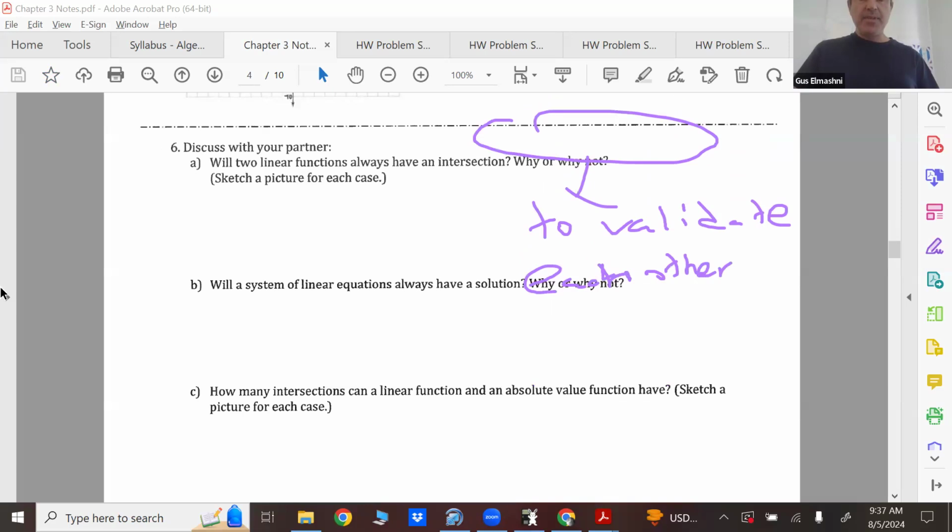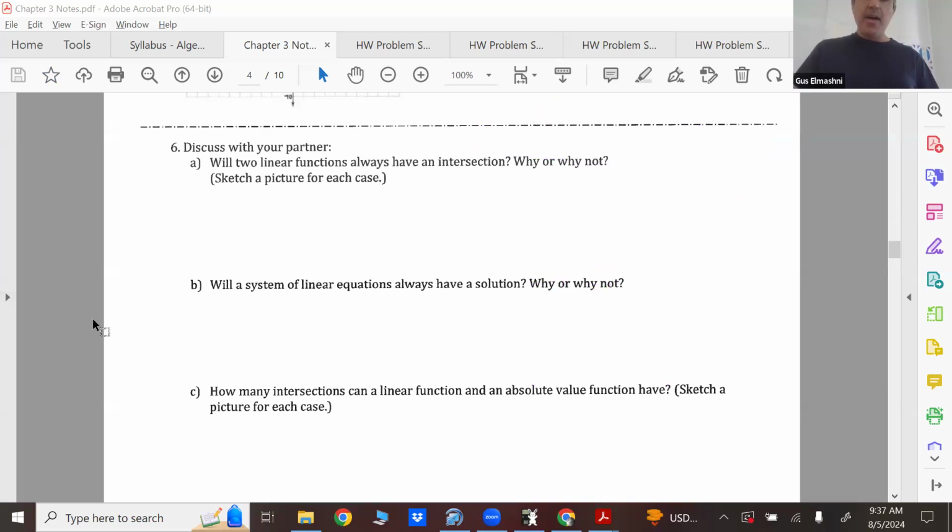For 6, discuss the problem, we'll just talk about it here. Will two linear functions always have an intersection? The answer is no. Why not?